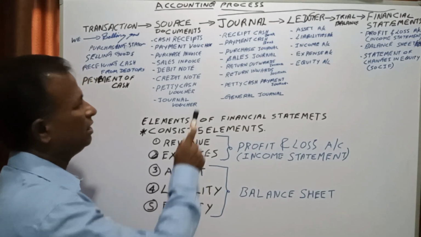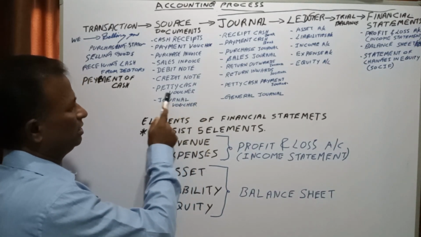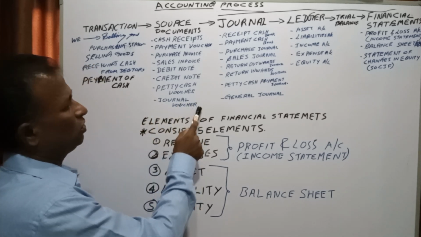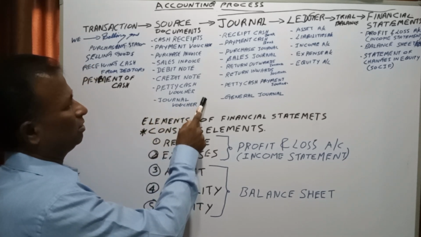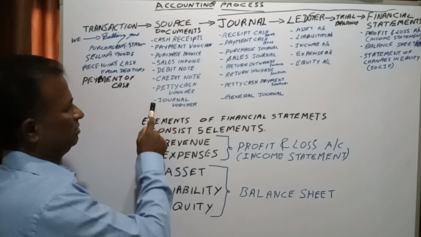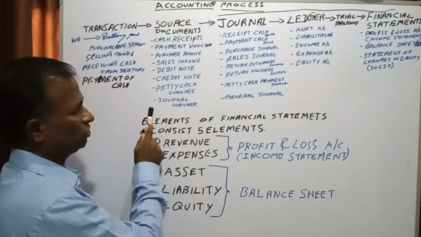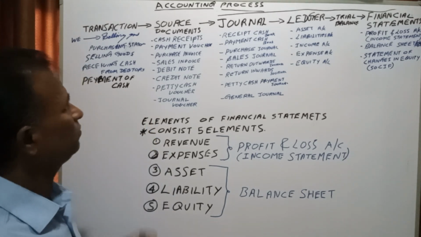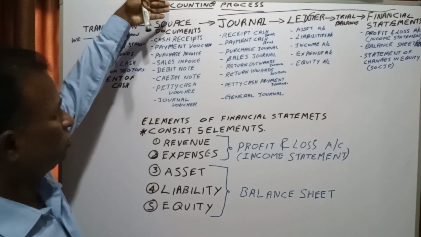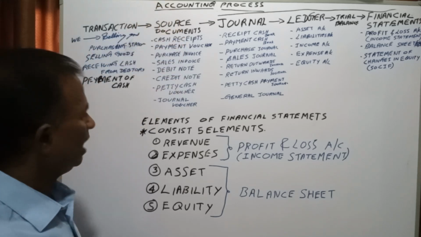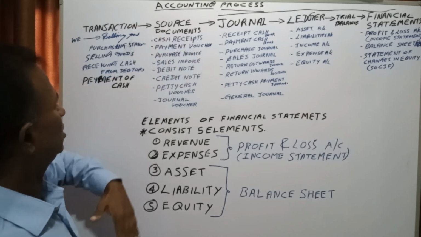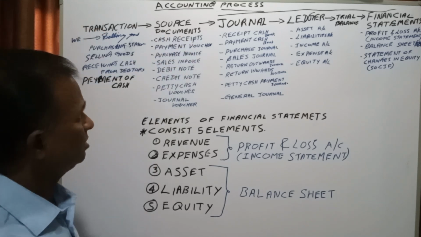For that we use journal vouchers. These journal vouchers are not for cash transactions. For cash transactions, we do not use journal vouchers. So now source documents also we have covered. You know now what the source documents are and what the transaction is.